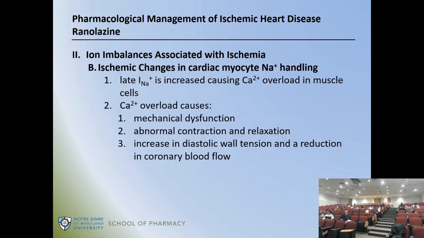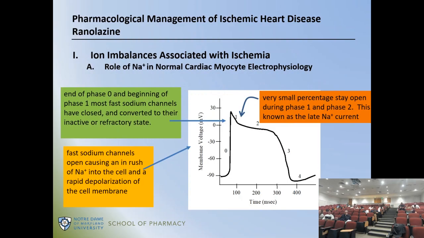If you remember phase 0 in this action potential, what kind of ions flow into the cell? Sodium. It's explosive, it generates a huge electrical signal. Sodium channels open, sodium rushes into the cardiac muscle cells and causes a massive depolarization.